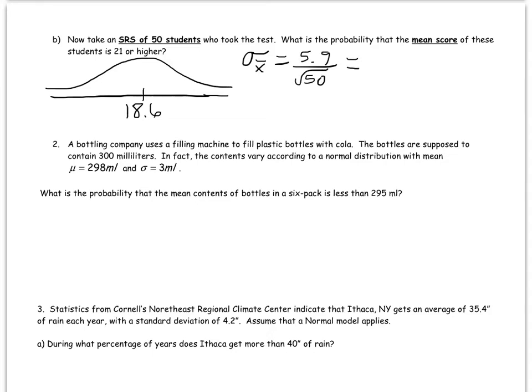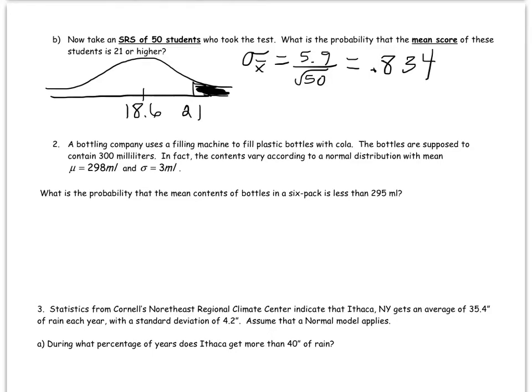So we can see that the larger the sample size, the smaller the standard deviation of the sample means becomes. So 5.9 divided by root 50 is 0.834.